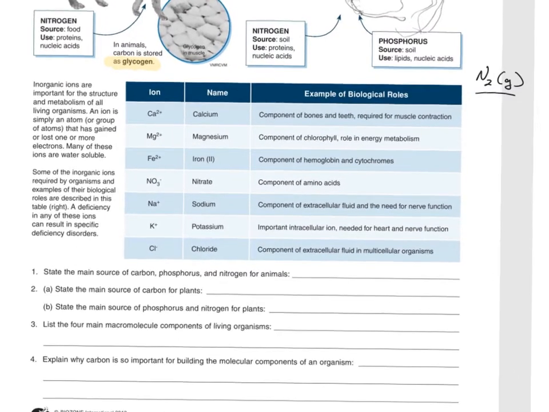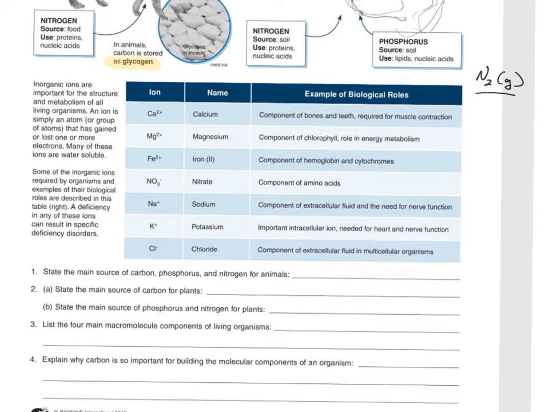Here are some inorganic ions. Inorganic meaning what? Not from life, but specifically not involving carbon. Remember, in biology, organic means carbon-based. Ions that are not carbon-based. There are ions that are carbon-based, but these ions are not.